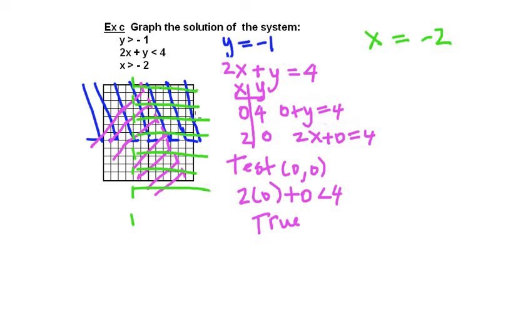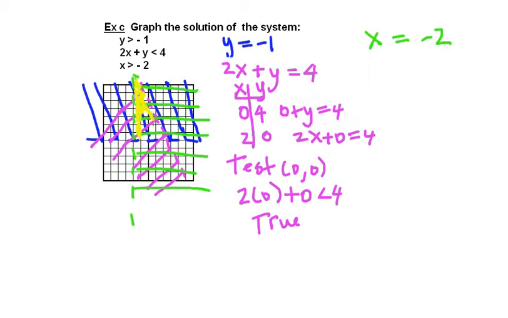Now we've got a lot of colors, a lot of things going on here, but what we need to do is look at the region that is triple shaded, that is including all three, the blue, the pink, and the green. And that's going to be this triangle here, so I think I'll shade it more heavily. I'm going to use yellow so that I don't write over the dotted lines and solid lines on the edges of this shape.